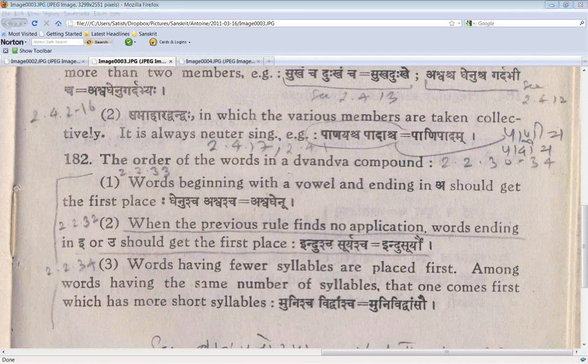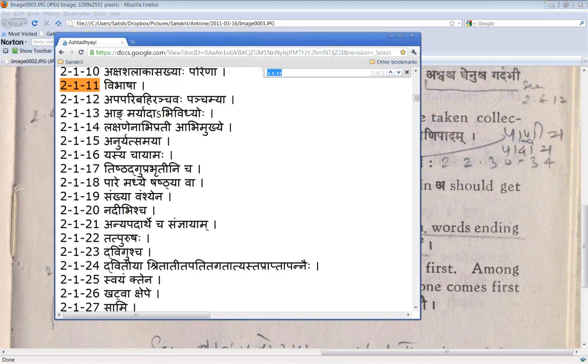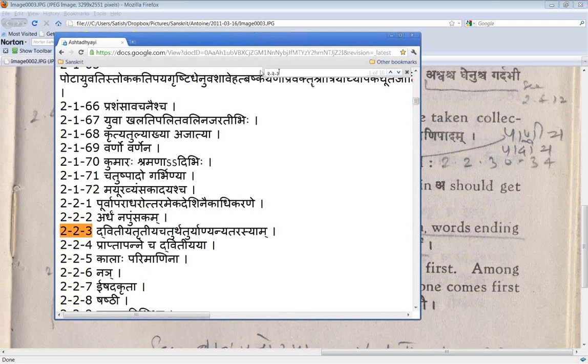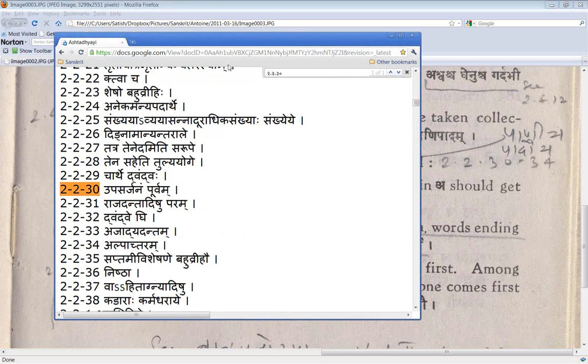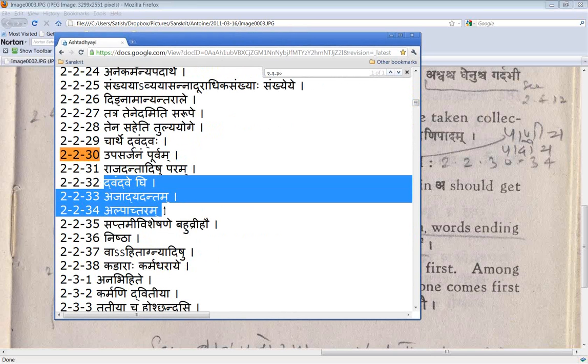We talked about upasarjanam purvam, and in dvandva samasa that will not help us, because every padam will have upasarjana sanjna. So Panini has these rules, actually only 3 rules, which tell in the dvandva which padam to put first. We'll try to do that next time, so let's stop with that.